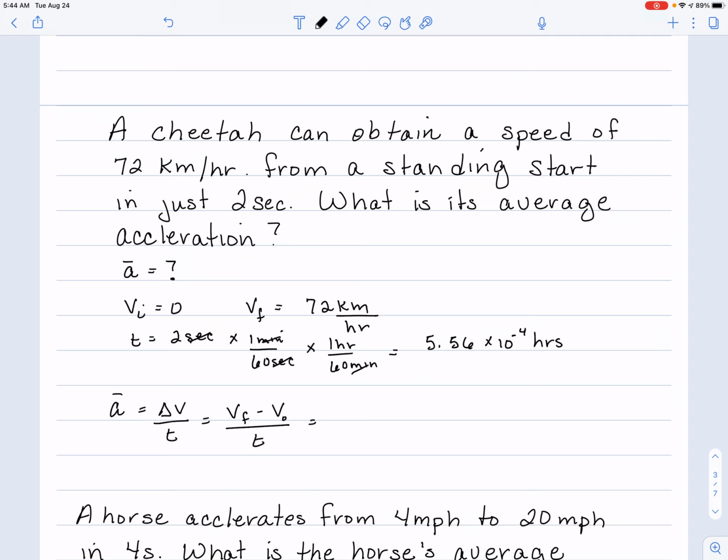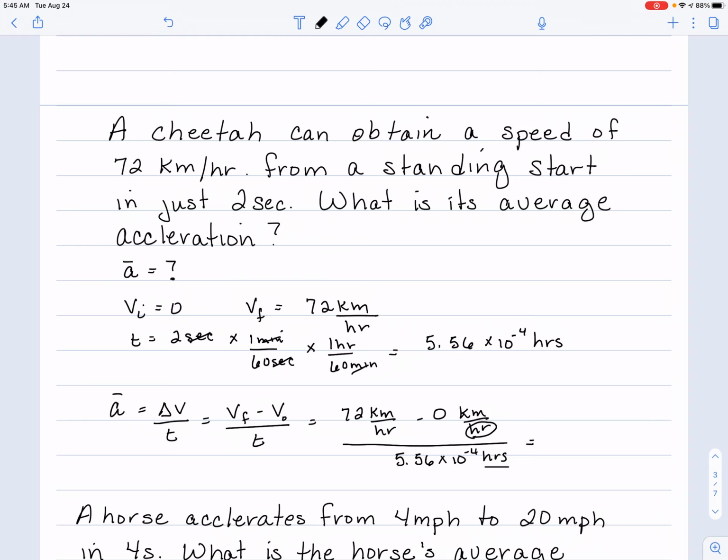So our final velocity is 72 kilometers per hour minus 0 kilometers per hour, and we're dividing that by 5.56 times 10 to the minus 4 hours. So you can see how these hours on the bottom will multiply with these hours right here, and that's going to give us our hours squared.